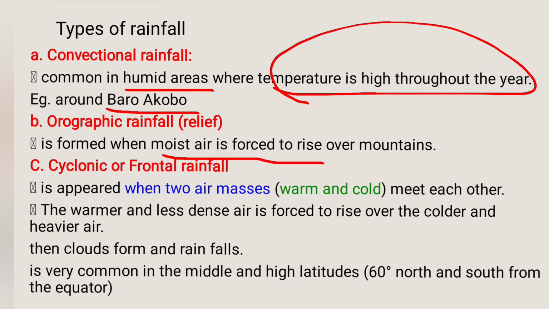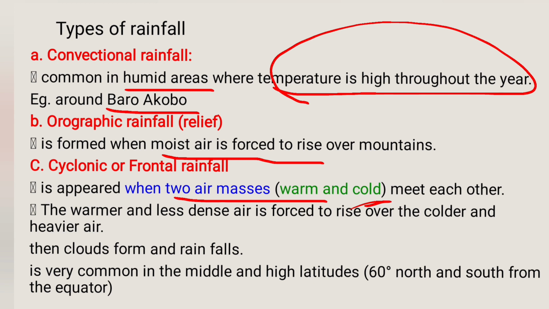It commonly appears when two air masses, the warmer and the colder air masses, are meeting each other. The point where the two air masses, the warm and the cold, meet each other is known as front.